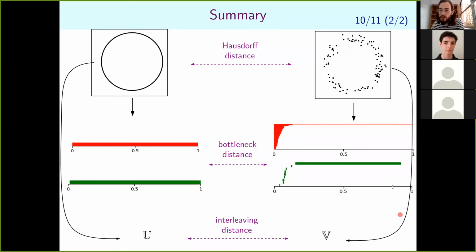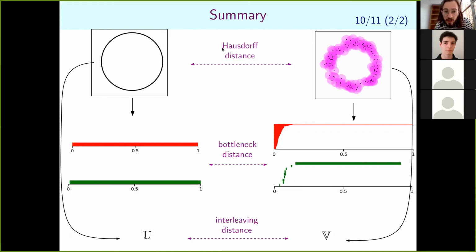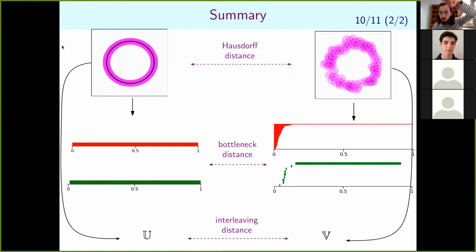The explanation of this epsilon is that in this thickening of my point cloud, I may have some topological noise, right? For instance, here we see a bit of cycles. I may have some topological noise, but it will disappear fast because we have to go through the circle at some point.